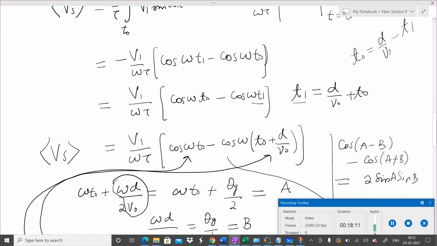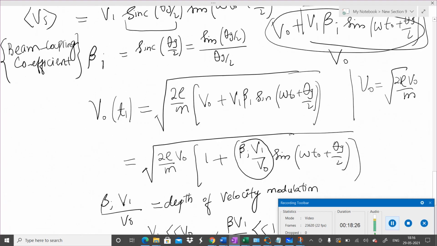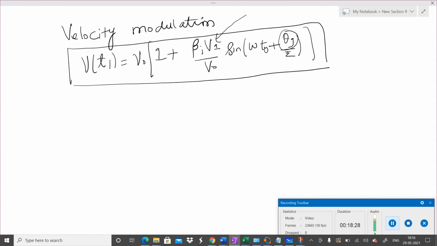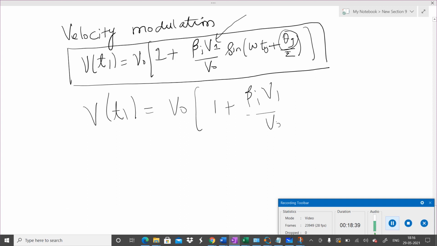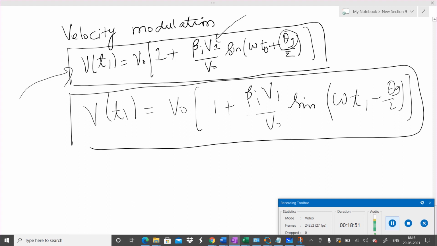Then you will get here cos of d by v naught minus t1, and correspondingly at the end you can carefully go back and replace everywhere. Just try it, it's very simple. You have to repeat the whole process. You will get v of t1 is equal to v naught times 1 plus beta I v1 by v naught sine of omega t1 minus theta g by 2. So now you have everything here in terms of t1, and here you have everything in terms of t naught.